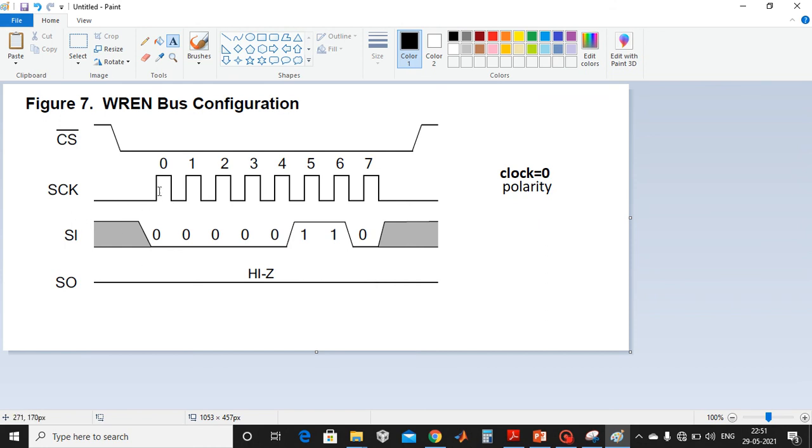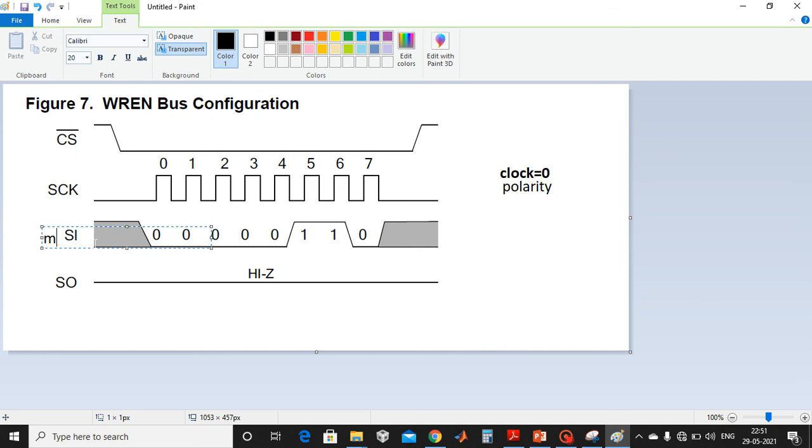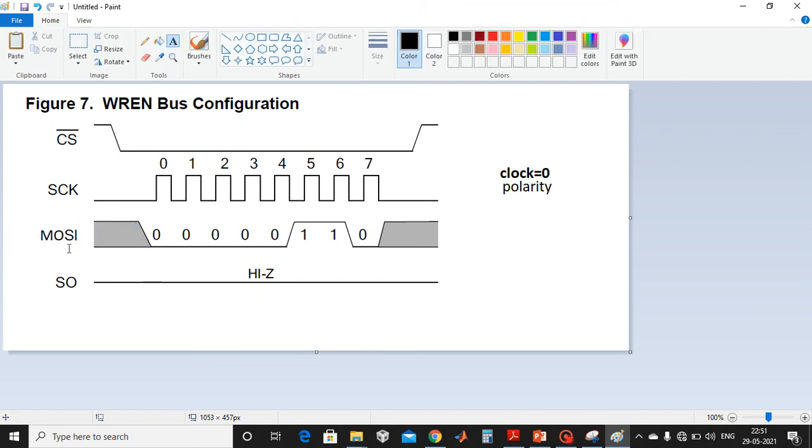So it is clear from the timing diagram that the clock and master output data, this is the SI pin. S means slave, I means input, slave input. So it indirectly represents the master output. So this is the master output slave input, MOSI pin, and the master output is not in sync with the clock.